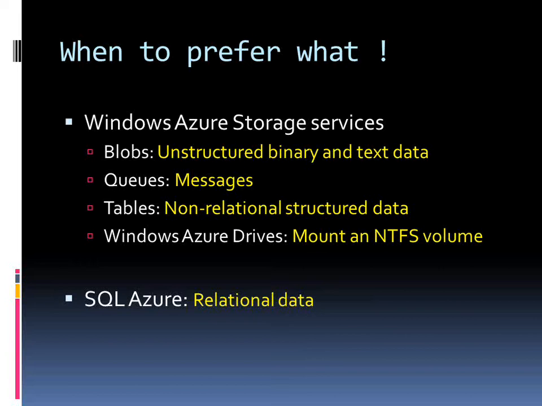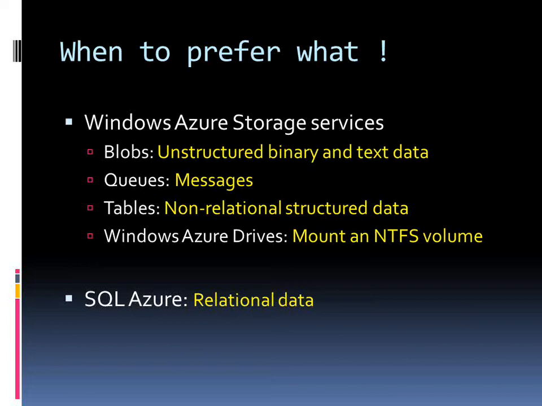Also, if you want to do some batch operations and you want to post some updates to the worker role or to a batch process, you can send messages onto queues. So queues, which are a part of Windows Azure Storage Service, can hold messages which can be read, processed, and then deleted.